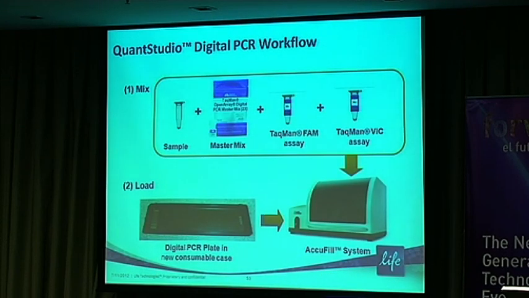The overall workflow is extremely simple. There's nothing novel to this. I told you before, it's just taking your sample, the master mix, and whatever assay for the locus you're trying to interrogate, to see how many copies you have. You can also mix in a reference assay simultaneously. The system can detect two targets.